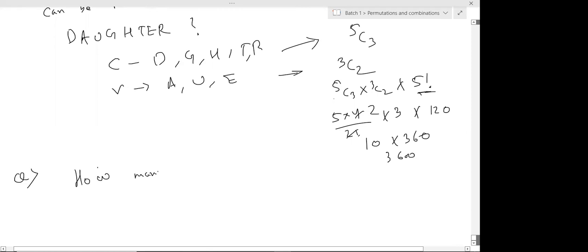How many 4-letter words can be formed using the word failure?